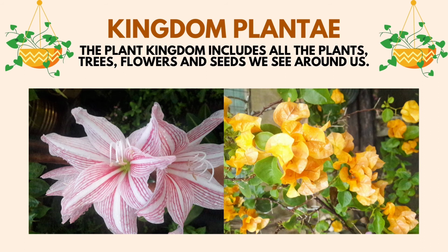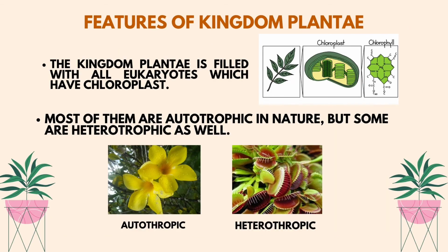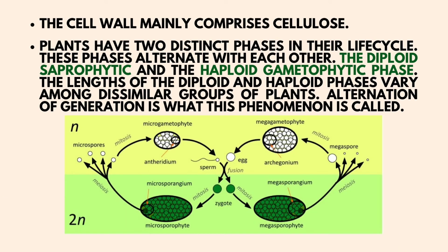Kingdom Plantae. The plant kingdom includes all the plants, trees, flowers, and seeds we see around us. These are the following features of Kingdom Plantae. The Kingdom Plantae is filled with all eukaryotes which have chloroplast. Most of them are autotrophic in nature, but some are heterotrophic as well. The cell wall mainly comprises cellulose.